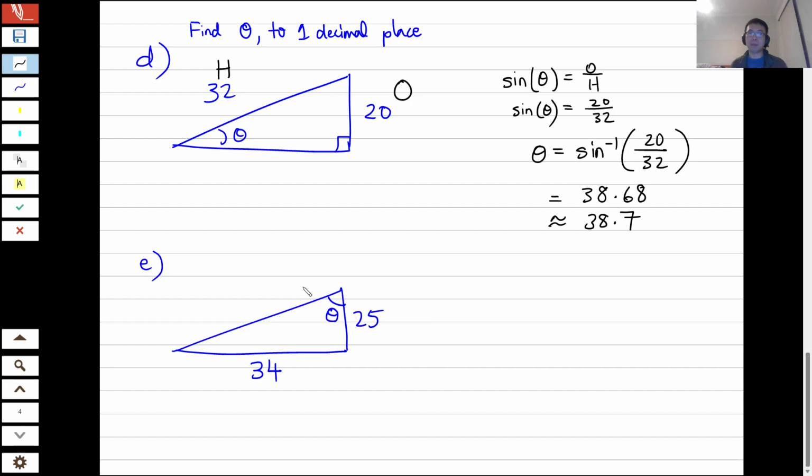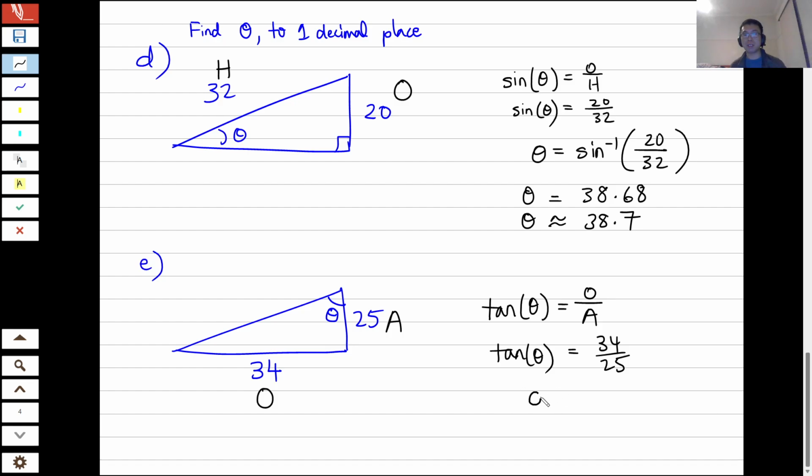Next example. Here, we've been given O and A. So, tan theta gives us the opposite over the adjacent. Tan theta gives me 34 over 25.